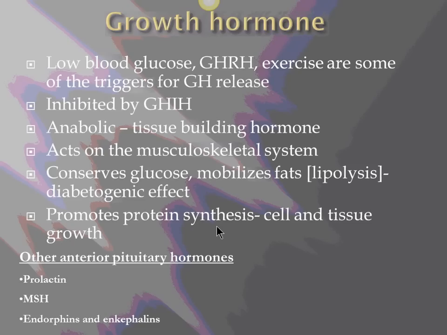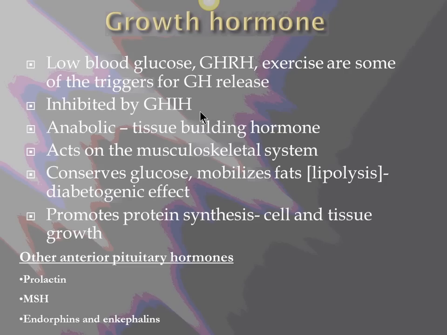Growth hormone is one of those hormones which has a lot of major functions. It is one of the most plentiful hormones produced in the body. Some of the triggers for growth hormone release are low blood glucose, or growth hormone releasing hormone being secreted by the hypothalamus.